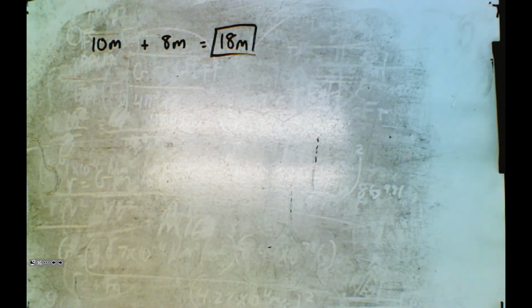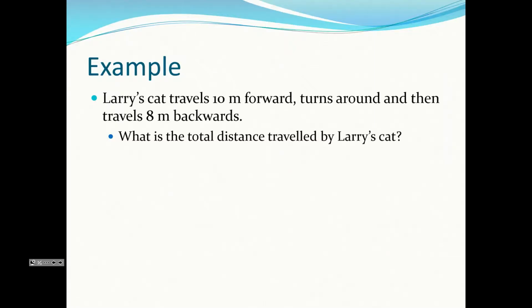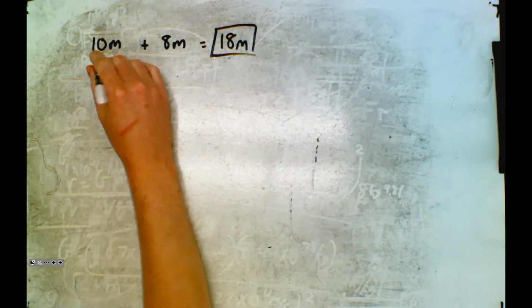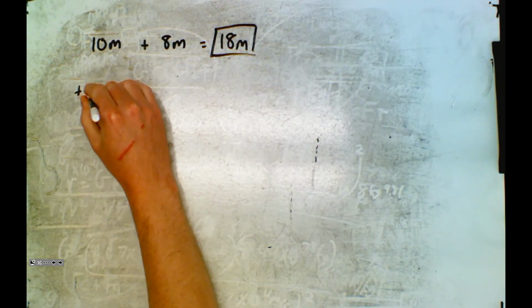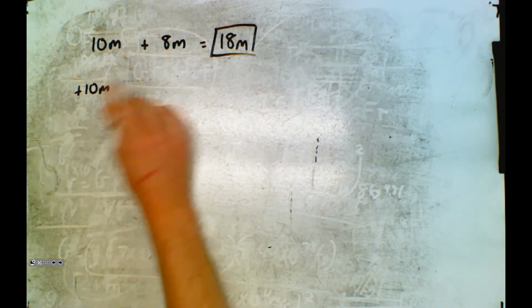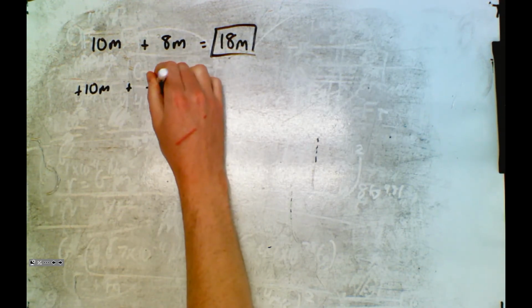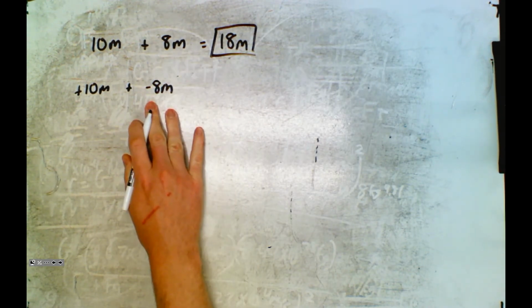But if I look at this in terms of displacement, what is the net displacement of Larry's cat? Well, displacement, I care about those positives and negatives. So I'm going to make forwards positive, backwards negative. So instead of saying 10 meters, I'm going to say positive 10 meters, because positive means forwards. And then Larry's cat goes 8 meters backwards. I still add them, but I'm going to add negative 8 because it's backwards.